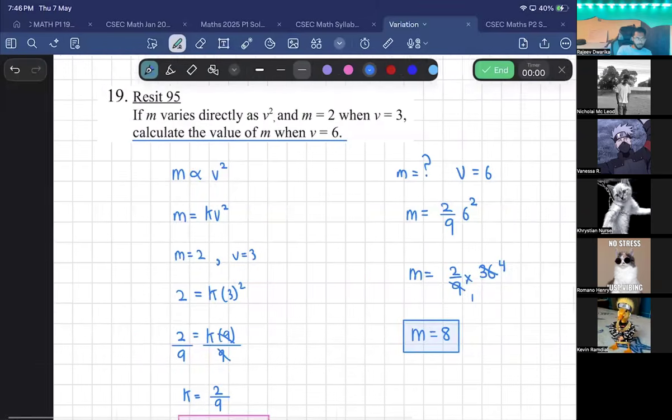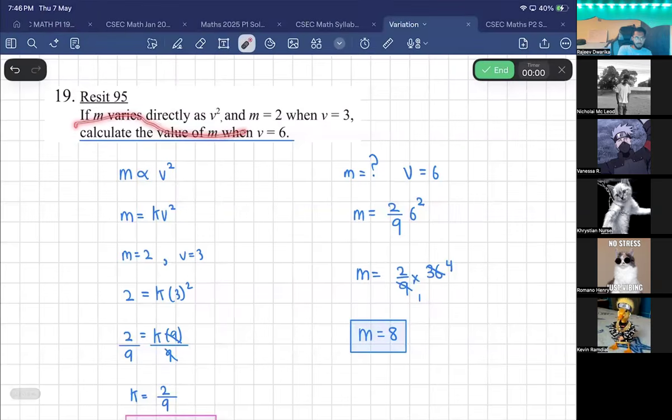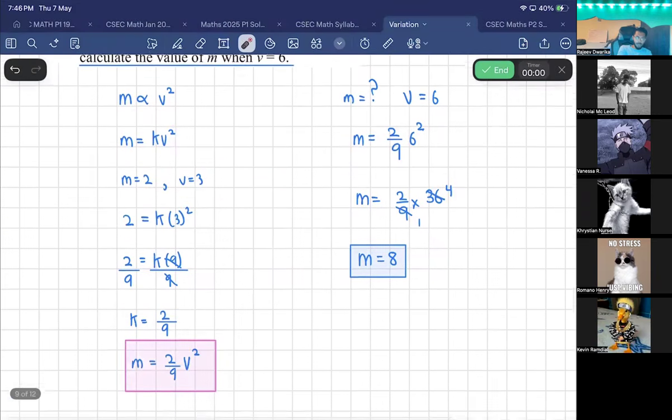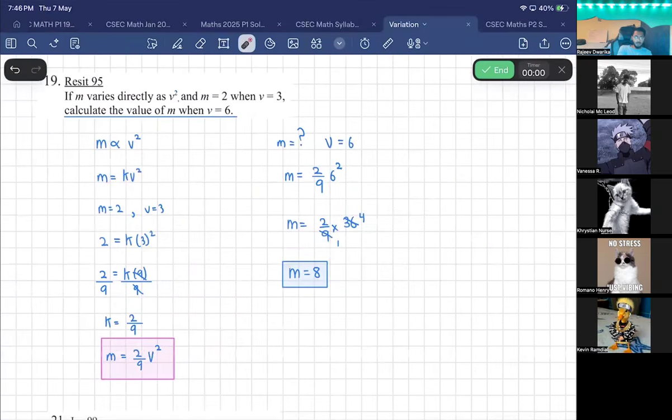Watch. M varies directly as v squared, so I'll say m is proportional to v squared. My next line, I'll put m is equal to kv squared. They told me m is 2 and v is 3, so I'll say m is 2, v is 3. I plug that in, and I find k. Then I write my final equation. Then they're asking us to find the value of m when v is 6.